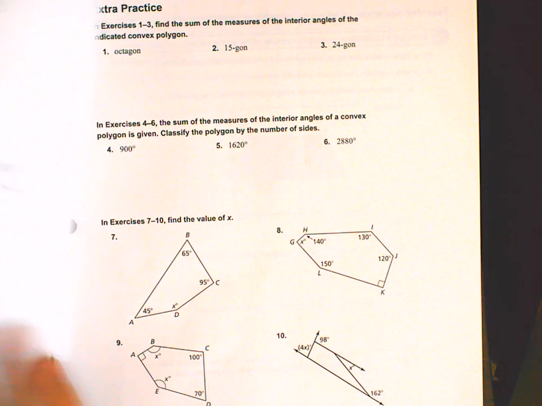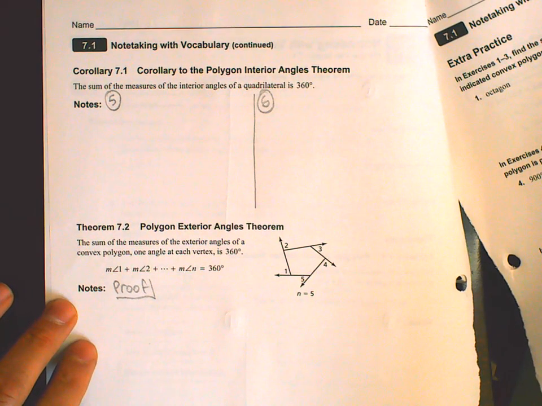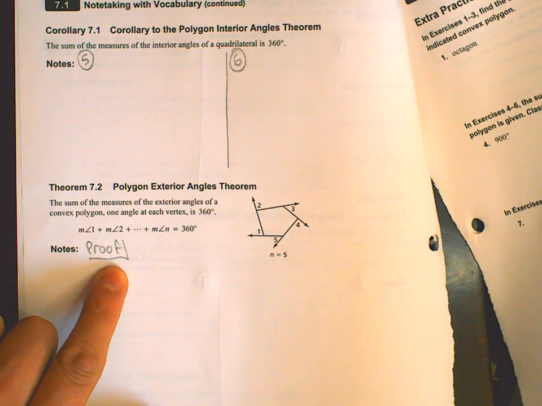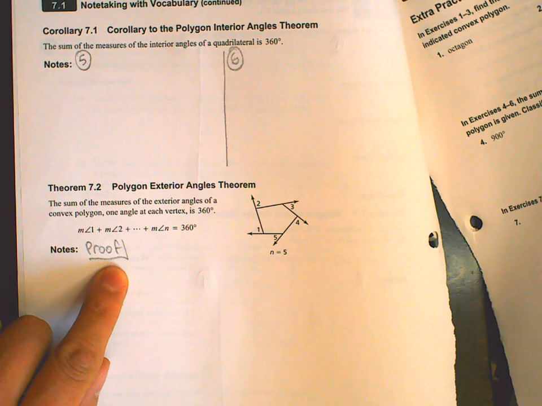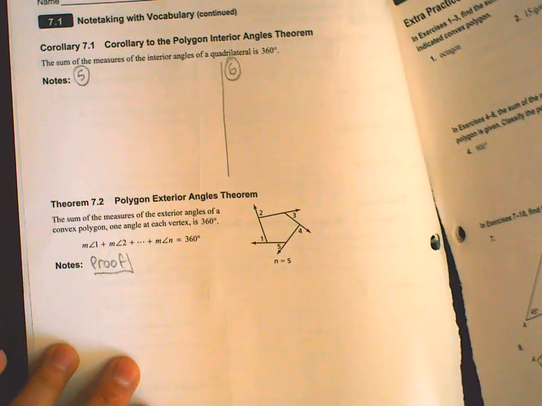On page 198, you're going to do problems 5 and 6, and we're going to do a proof right there. This is on page 198. So pause the video and go back and make sure you put these numbers so that you know where the problems go.